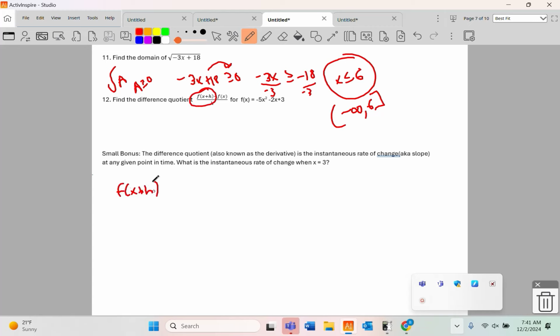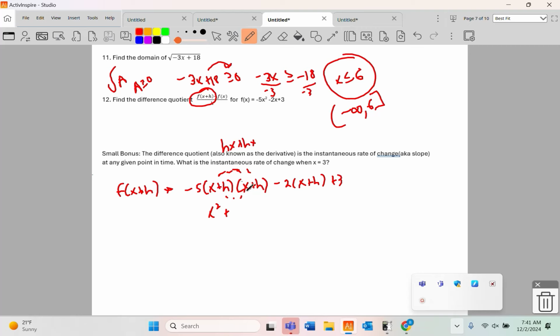Every x I see becomes x plus h. I'm going to square it, so I'm going to write it twice. When I FOIL this guy, I've got an x squared plus an hx plus an hx.